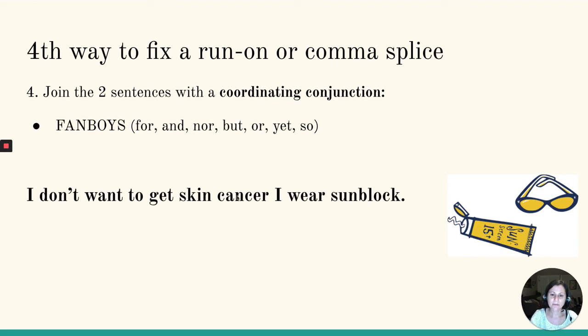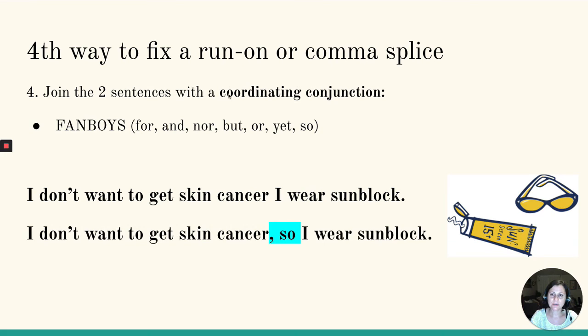So here I have a run-on. I'm running 2 sentences into each other. To fix it, I could use one of those coordinating conjunctions. I don't want to get skin cancer, so I wear sunblock. So this is the correct way to use a comma. We use a comma before the FANBOYS.